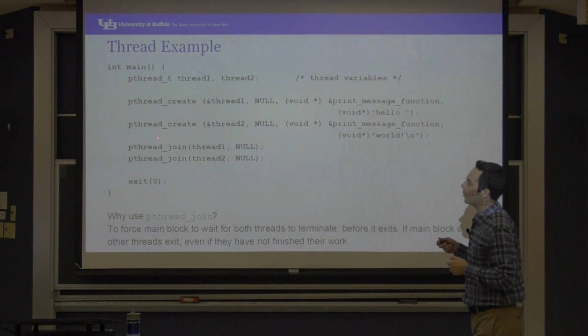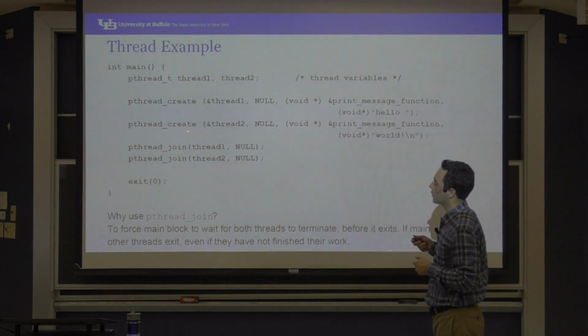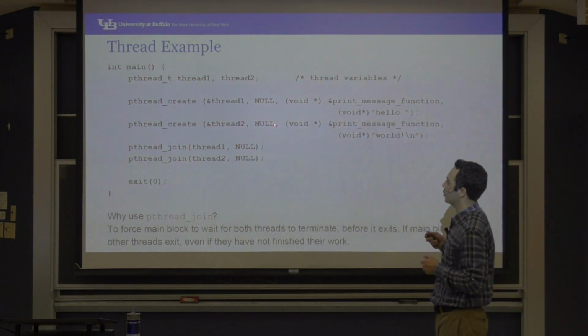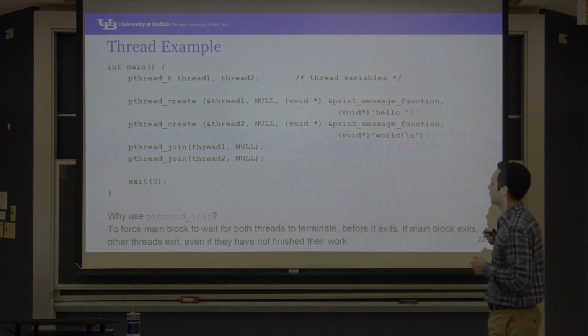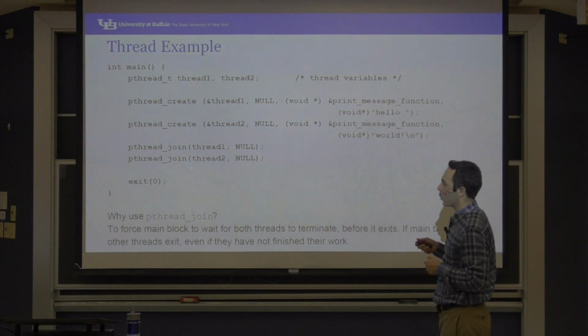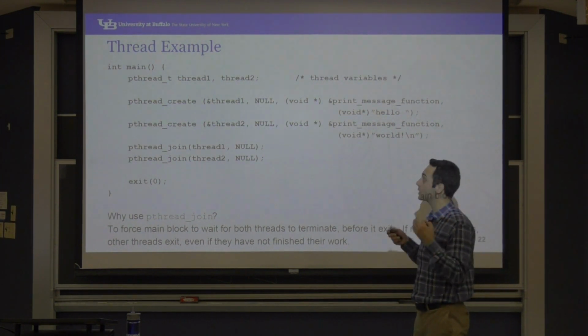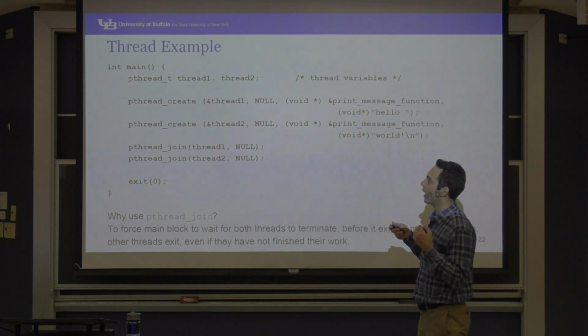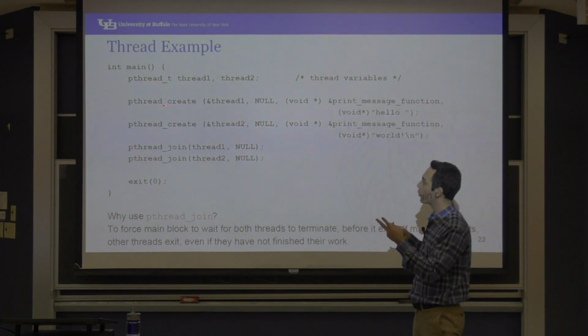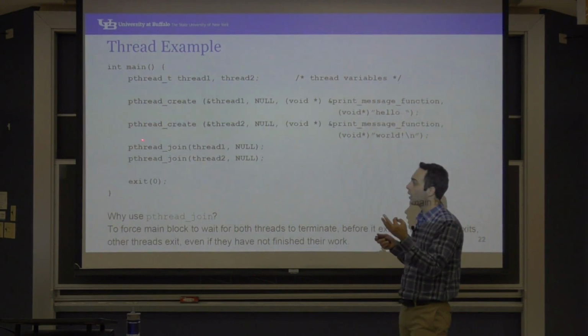And then the same, pthread_create creates thread 2, again the same function but a different argument, right? Now at this point we have 3 threads. One is the main thread that started. At this point it creates the second thread. At this point it creates the third thread, right?